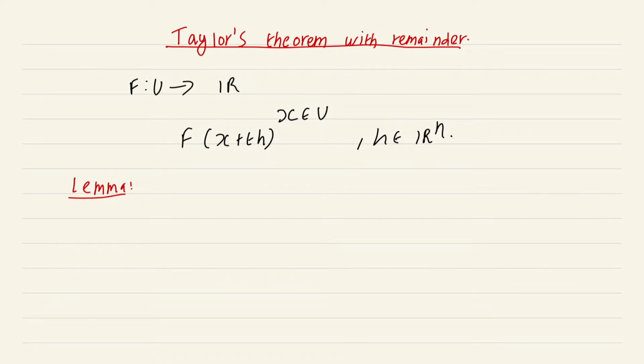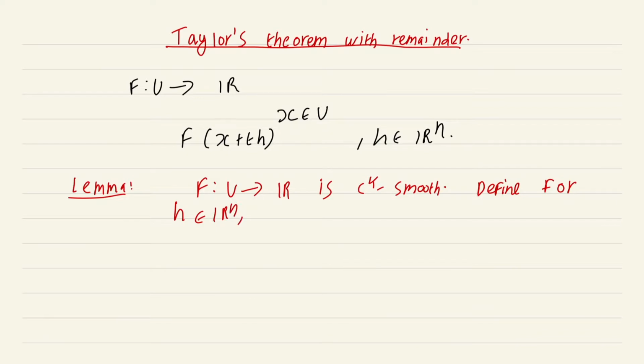So f from U to R is C^k smooth. We are going to define, for h in R^n, the object, the function h dot delta.